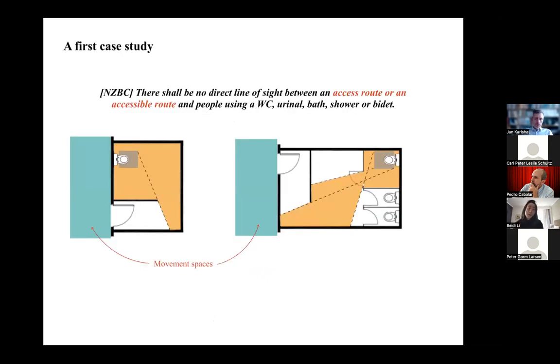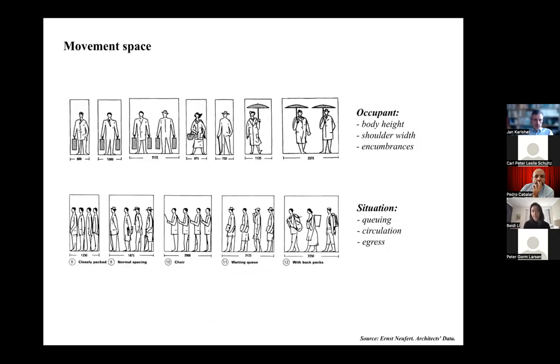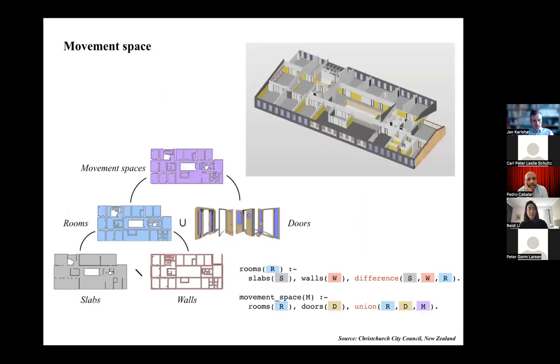Now we move on to movement space, which roughly corresponds to the notion of access routes. Again, the shape of the movement space depends on the occupant, their body height, their shoulder width, and also on situations, whether they are queuing, evacuating, etc. In this case, the movement space is computed chronologically using a constructed solid geometry approach.